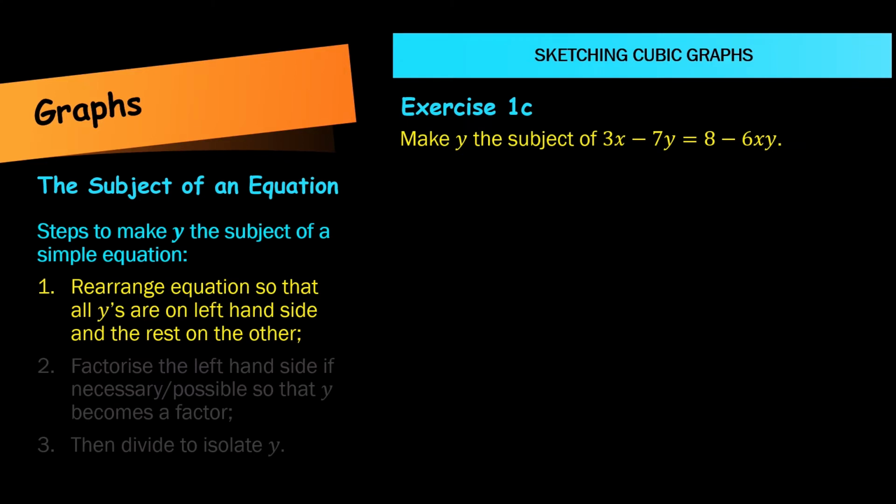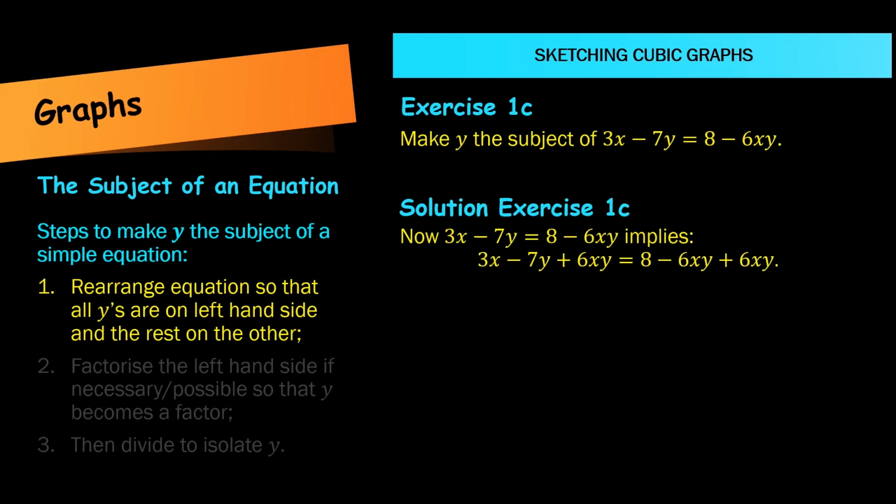So let's solve this. We're going to again begin by rearranging the equation so that all the y's are on, say, the left-hand side. And we're going to do that by adding 6xy to both sides. That will allow us to bring over all the y's onto the left-hand side.